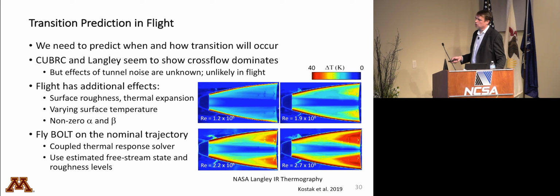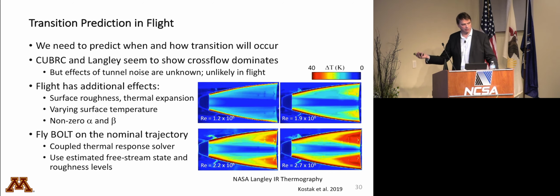So we're very worried that these noisy wind tunnels, Kubrick and Langley, are producing transition, activating transition that isn't really what's going to happen in flight, because they have this very large noise level. So we really don't know what the role of tunnel noise is.